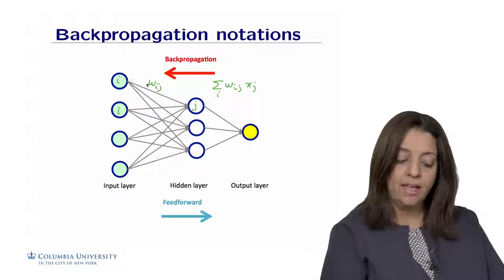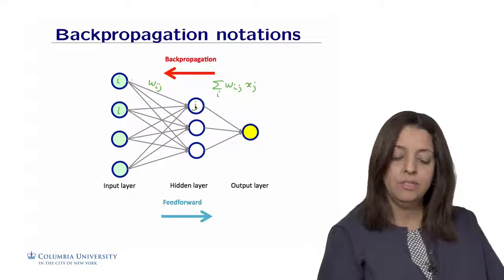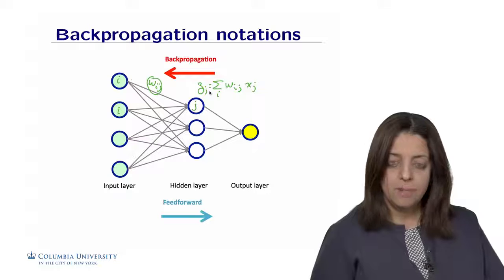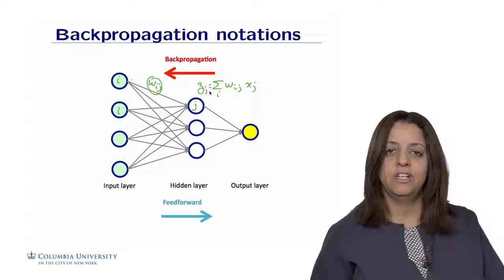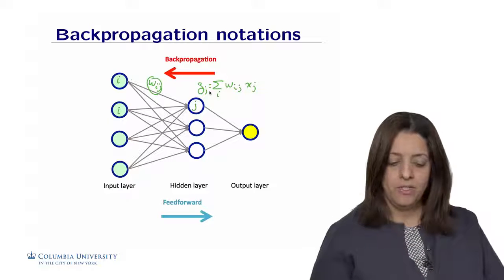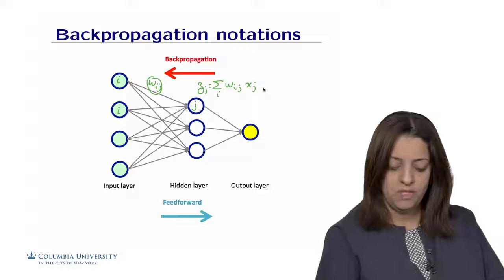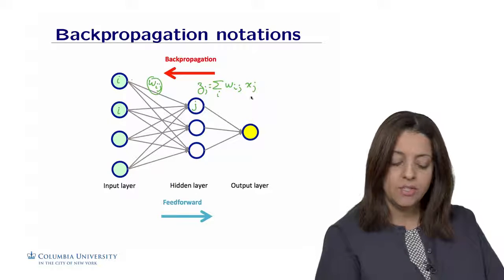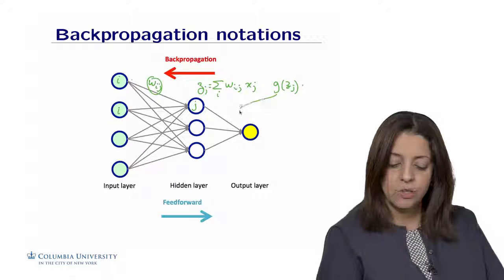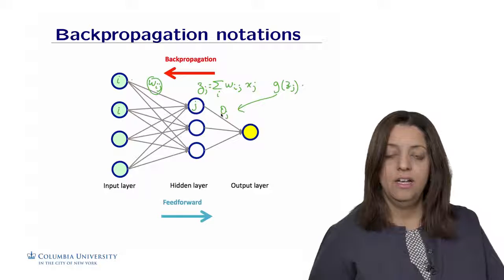We take the output of each of the neurons going into j, weighted by Wij, to get what we call Zj. Then we use a squashing function, a threshold function or any other smooth function, to squash these values between 0 and 1 or minus 1 and plus 1. So we apply G of Zj, and remember, G is the sigmoid function. This constitutes the output of neuron j.